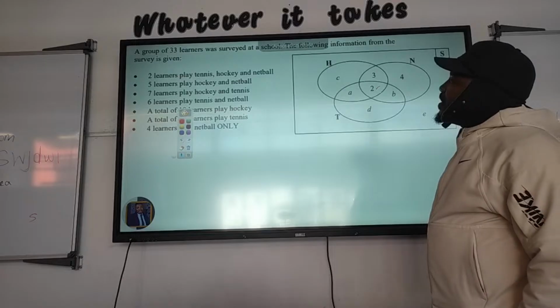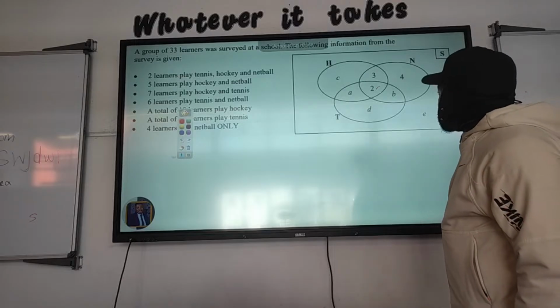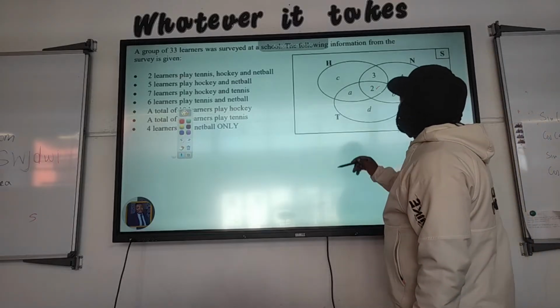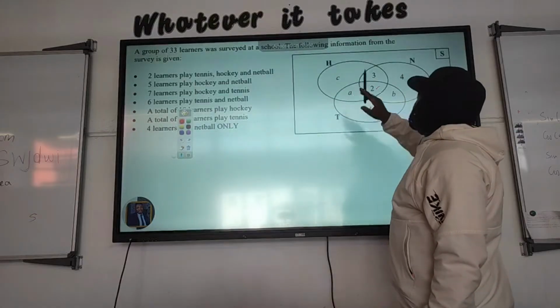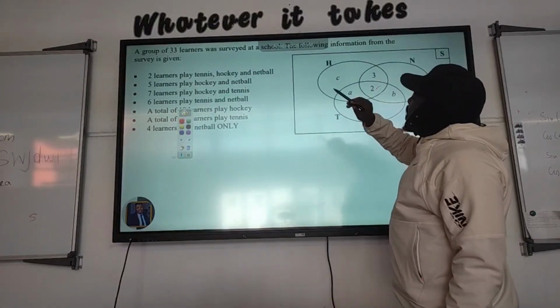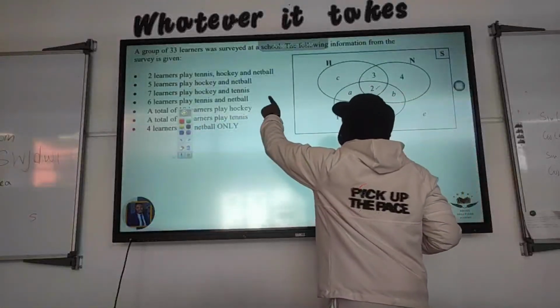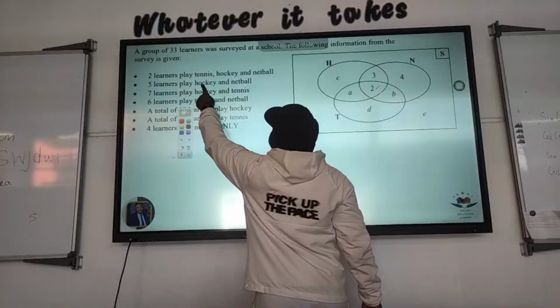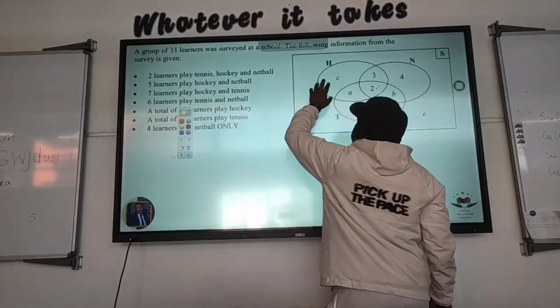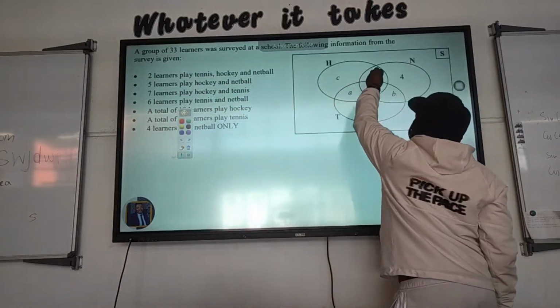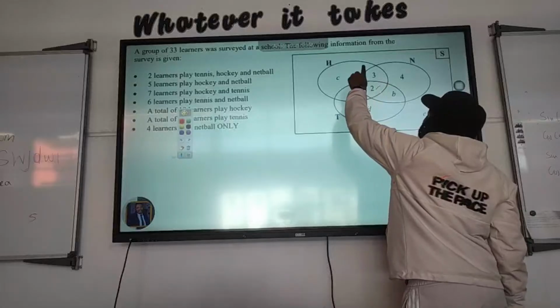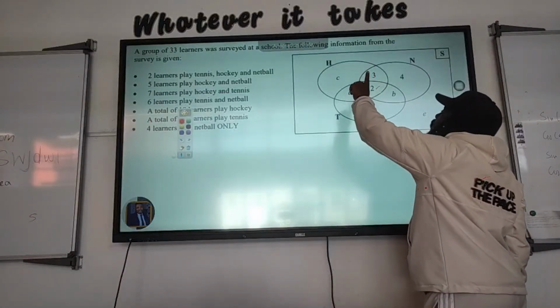And then we have 5 learners that play hockey and netball. You see why the number is 3 here, but the given number is 5? It's because they didn't say 5 learners play hockey and netball only. So we take the 5 and subtract the intersection, and the intersection was actually 2.